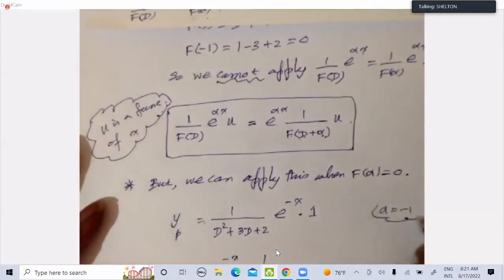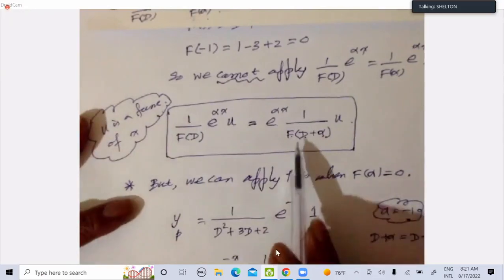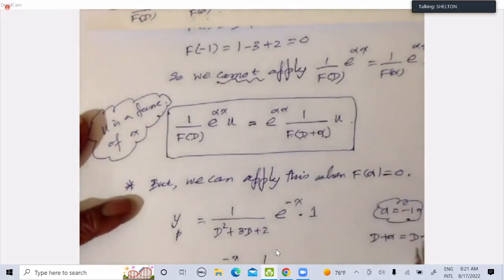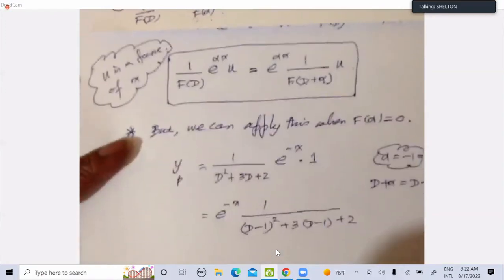D plus alpha is the same as D minus 1. So you have to write in here, instead of D plus alpha, D minus 1: (D minus 1) squared plus 3 times (D minus 1) plus 2.